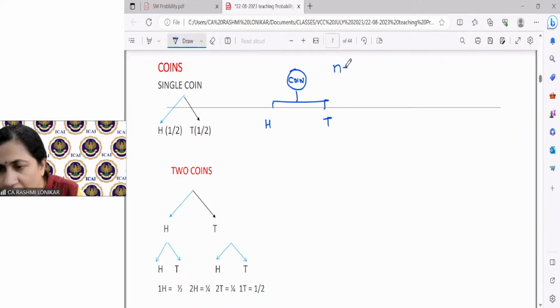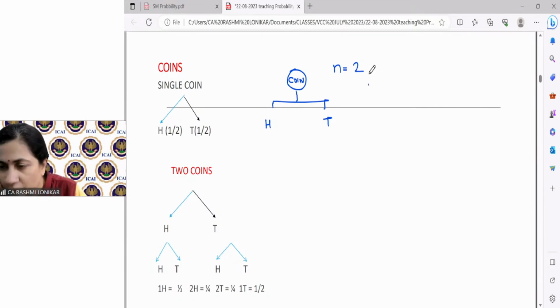So what is N? N is 2, the number of possibilities. Now, how many times do I get a head? One time. How many times do I get a tail? One time. So out of the two events, one time I can get a head, one time I can get a tail.